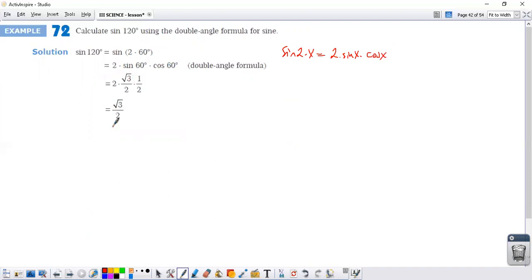So we will get for sine 120 root 3 over 2. And remember this, we can also find the measure of sine 120 by taking the difference between the x-axis and the given measure. That is the second quadrant. In the second quadrant, the sign is positive. So we have to find actually sine 60 degrees, which is root 3 over 2.